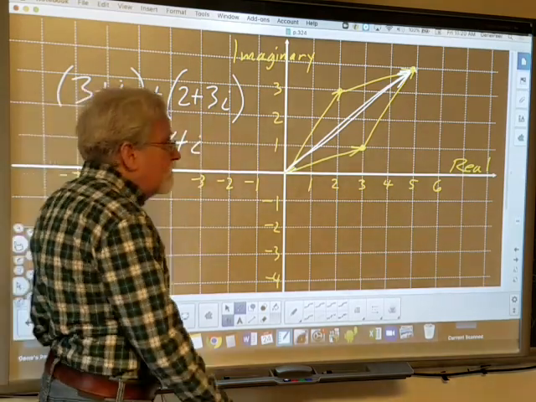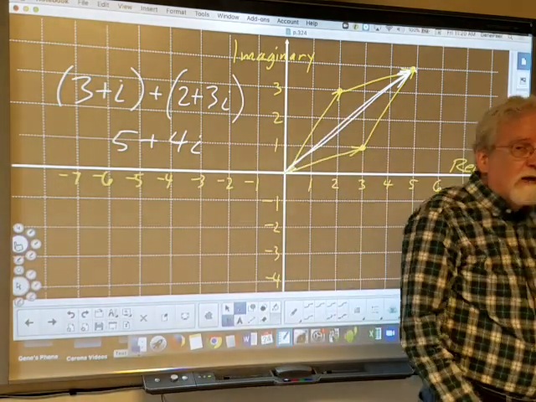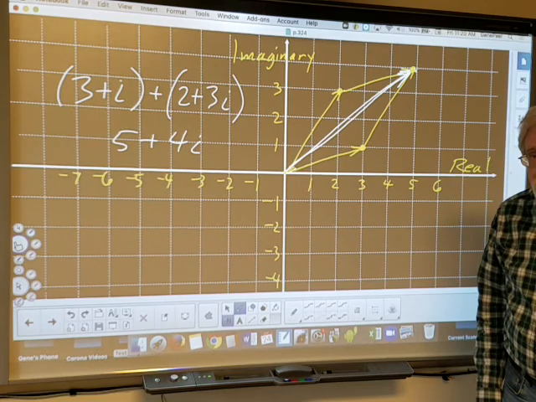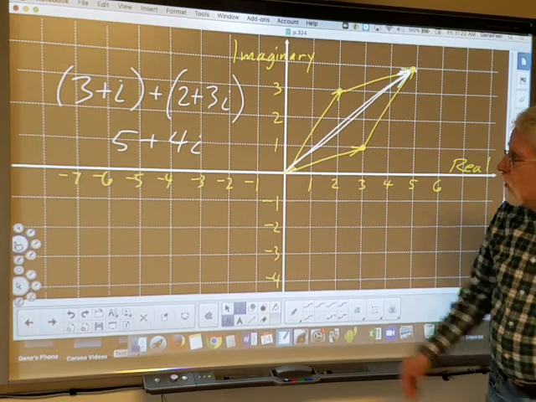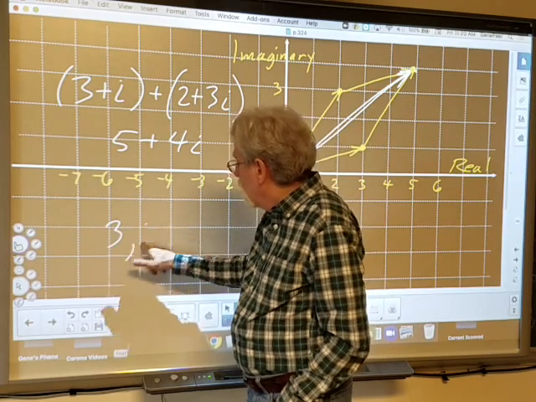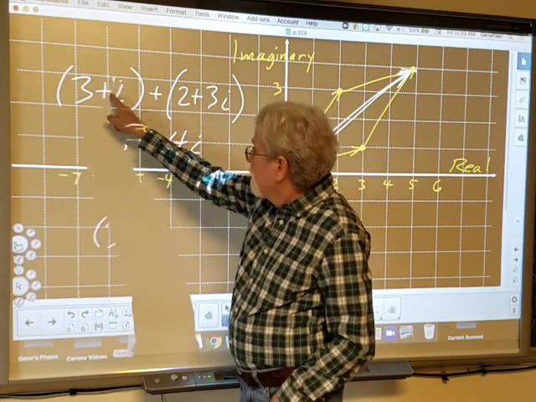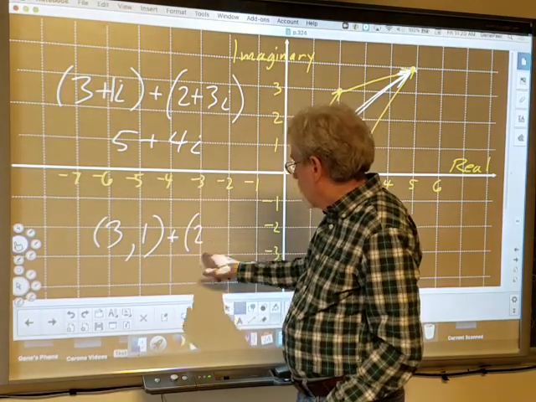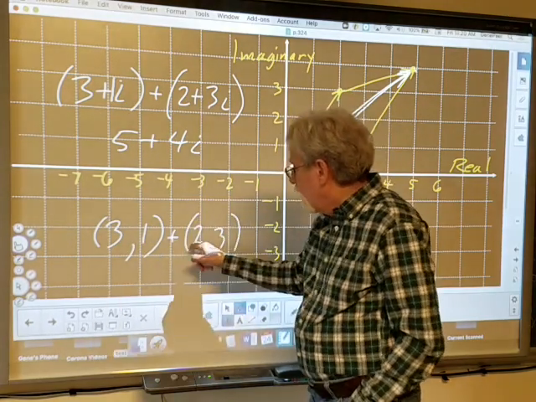We have added two vectors using the parallelogram rule. Or we can add them using the tip-to-tail rule. Or we can add them as ordered pairs. 3, 1, plus 2, 3 gives us 5, 4.